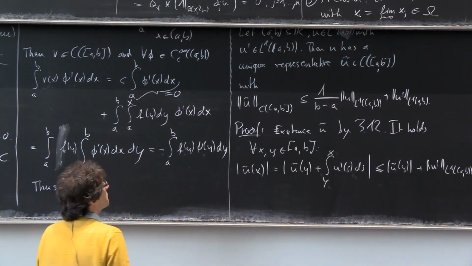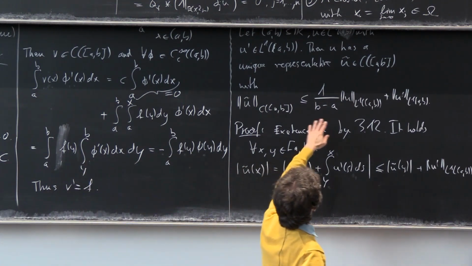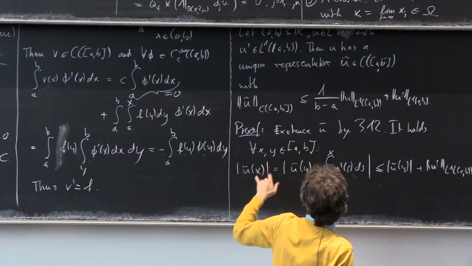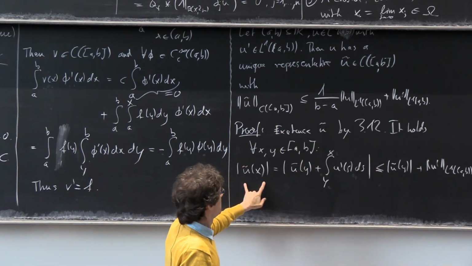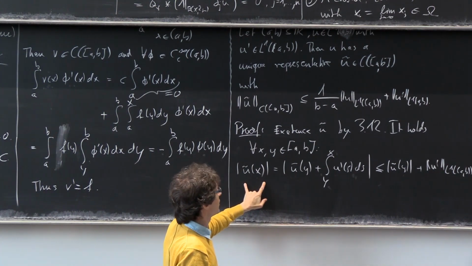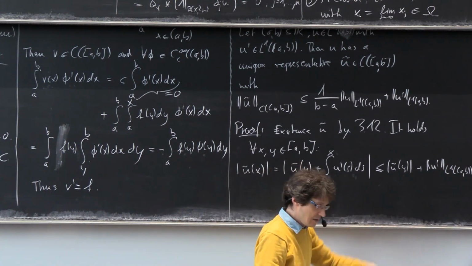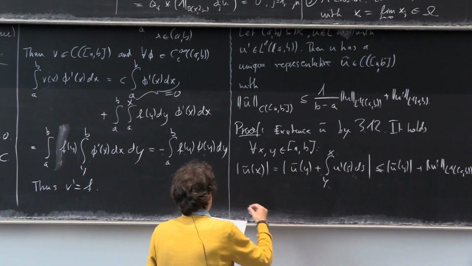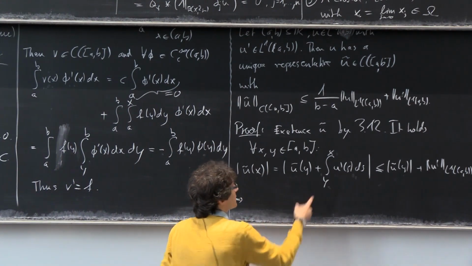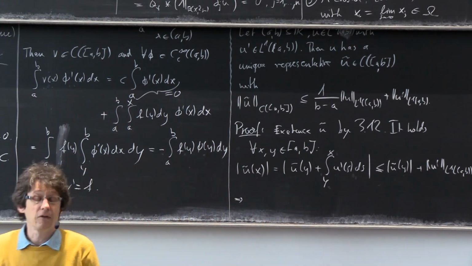This is not exactly what we have here. This term is okay, and we have to do a supremum over x, but what happens here? Now the idea is to just average this inequality over the whole interval.